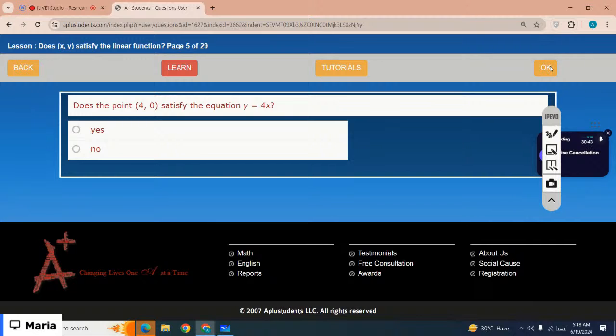Does the point (4, 0) satisfy the equation y equals 4x? Which is the correct option?